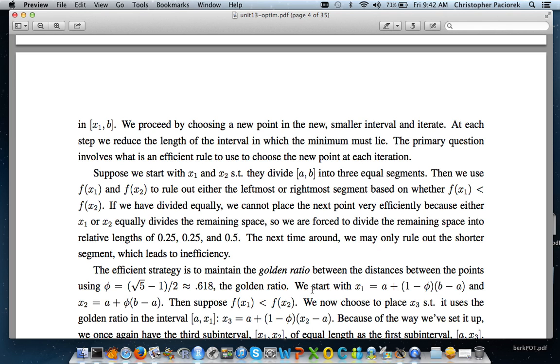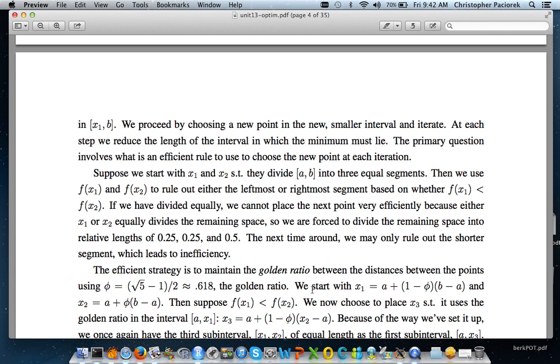So the question of how to divide this up and where to choose x1 and x2 comes down to trying to figure out how to do this in an efficient way. Since this is going to be an iterative algorithm, suppose I've gotten to this point and I've realized that the minimum must be somewhere in here. Now I'm going to choose another point at which to evaluate. Suppose I choose this point here as x3, and now I'm going to repeat the process.